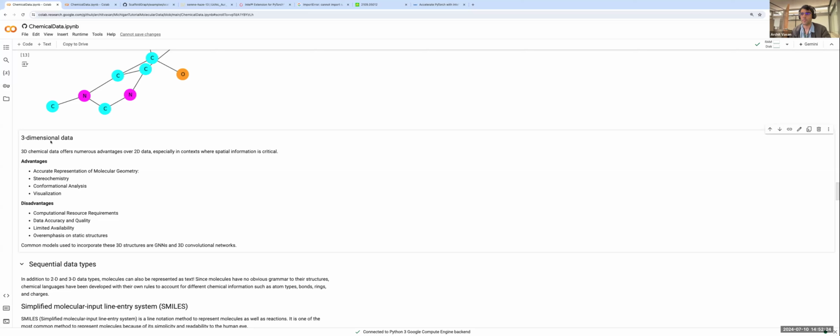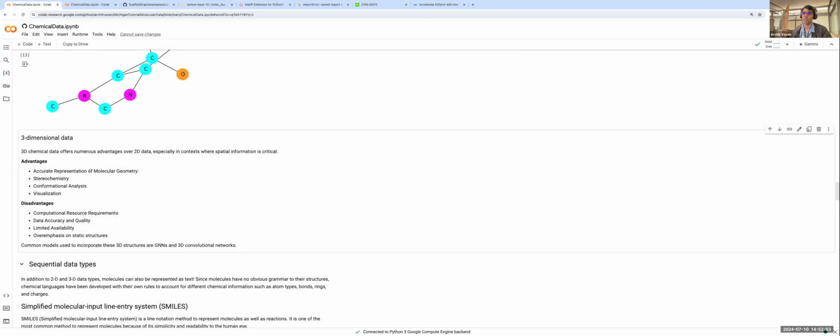And so in terms of the amount of representation you're giving, that would be almost considered a gold standard because that can give you information about the molecular geometry, the stereochemistry. So stereochemistry being, are there molecules that point this way or point that way? And are there molecules that are mirror images of each other? You can also get the conformational analysis from three-dimensional data, and it's also easy to visualize.